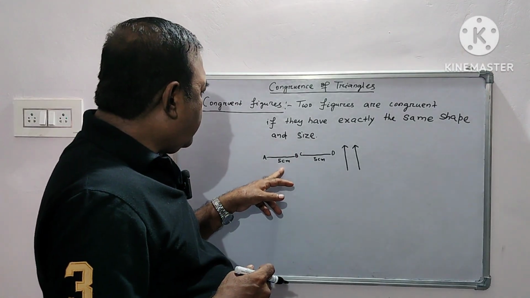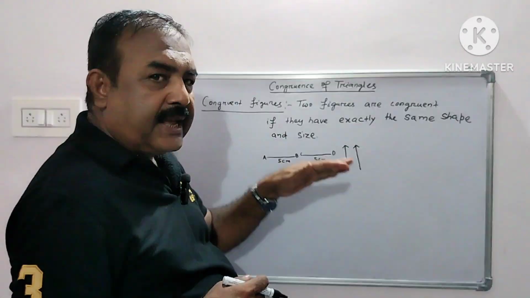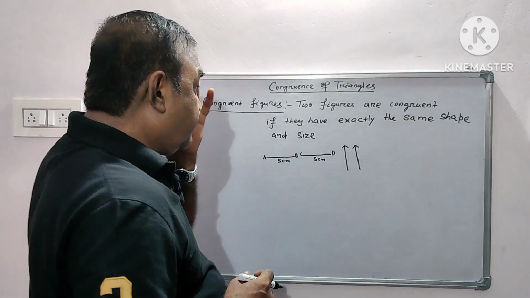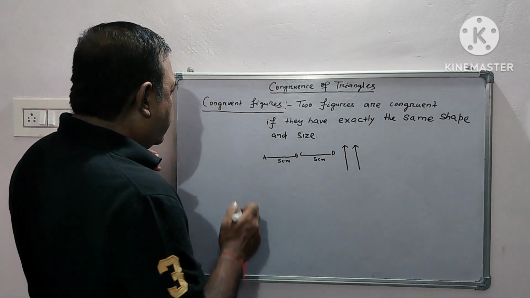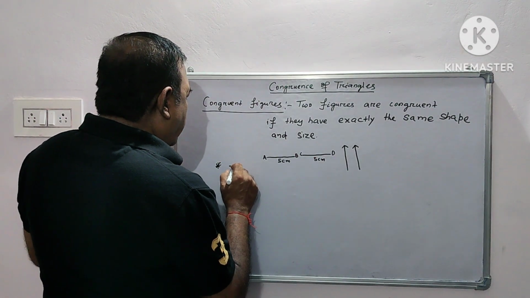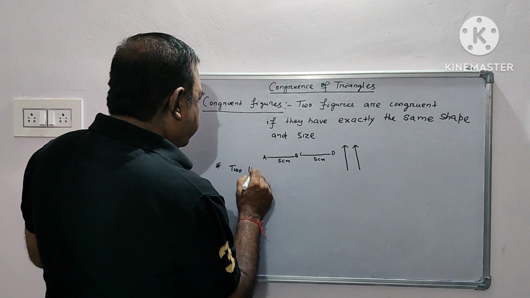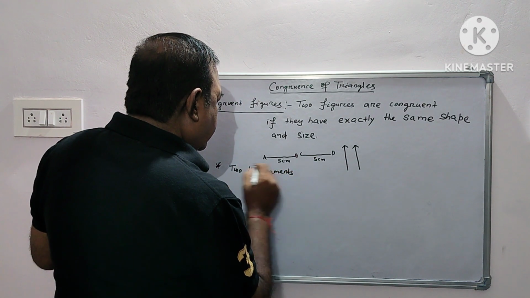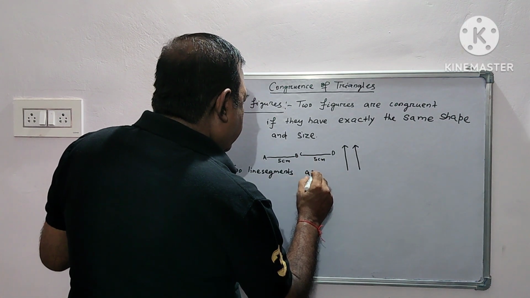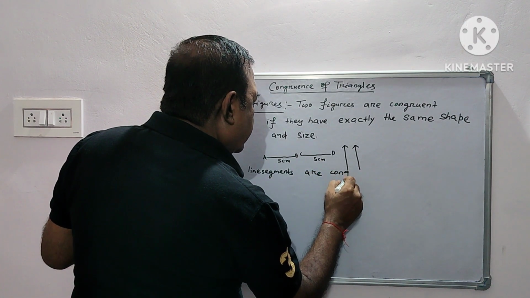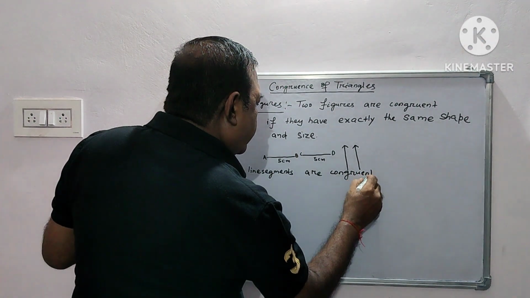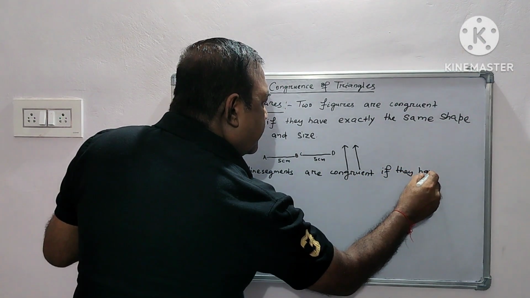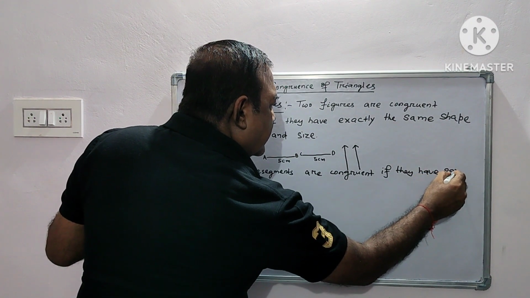Both the line segments have the same length, so both the line segments are congruent. So we can write: two line segments are congruent if they have the same length.